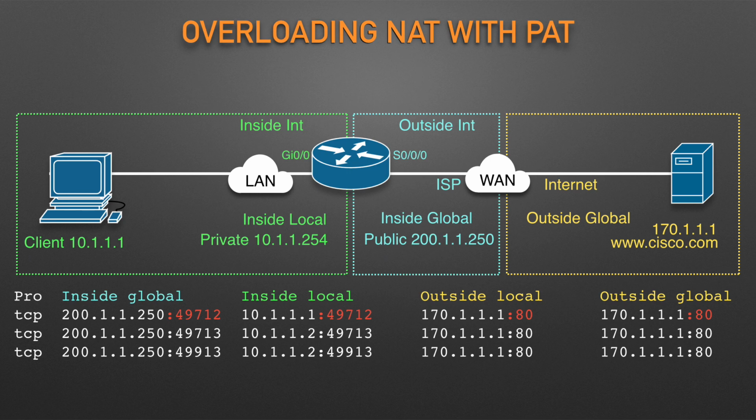The NAT router keeps a NAT table entry for every unique combination of inside local IP address and port, with translation to the inside global address and a unique port number associated with the inside global address. And because the port number field has 16 bits, NAT overload can use more than 65,000 port numbers. PAT is by far the most popular option. Static NAT and dynamic NAT both require a one-to-one mapping from the inside local to the inside global address.